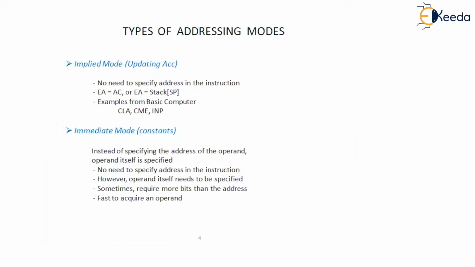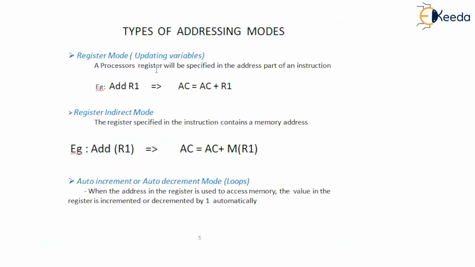Okay, then register mode. I told you people several times that if you want to update a variable, first of all, that variable must be transferred to a processor's register. If you want to update A, it should be transferred to some processor register, say R1. Then R1 is equal to R1 plus 1.